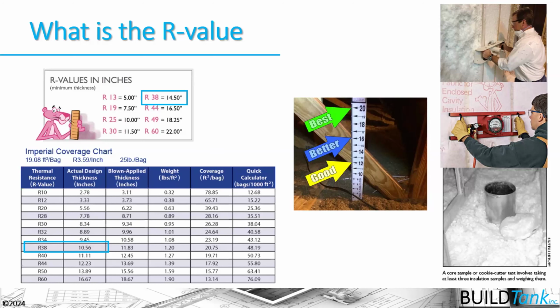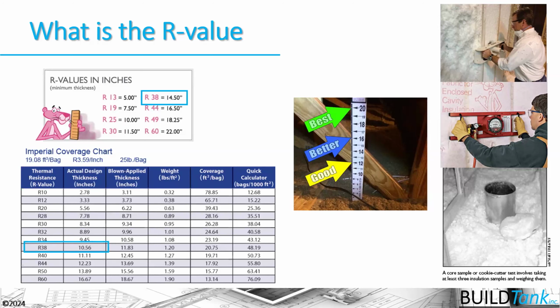Now, the certificate on the left here is not the certificate that the insulator would be leaving behind. They need to leave behind a much more in-depth document. This certificate is telling us that at R38, this particular material needs to have 10.5 inches of material to get that level of R value.